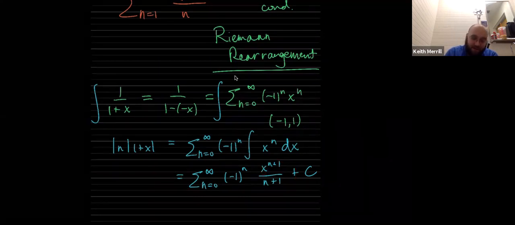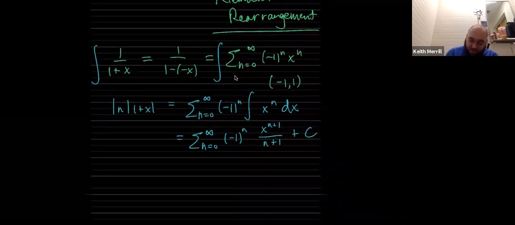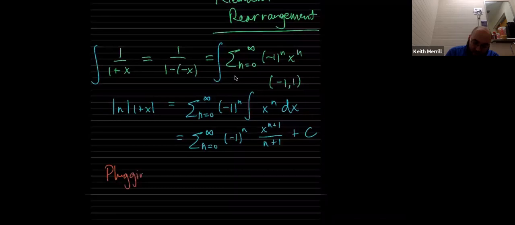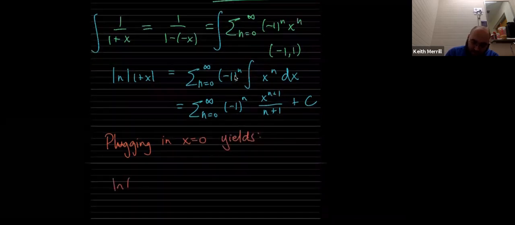So let's plug in x equals 0 to both sides of the equation. So plugging in x equals 0 yields ln of 1 plus 0, which is ln of 1, which is 0, is equal to, now what's going to happen in my series?